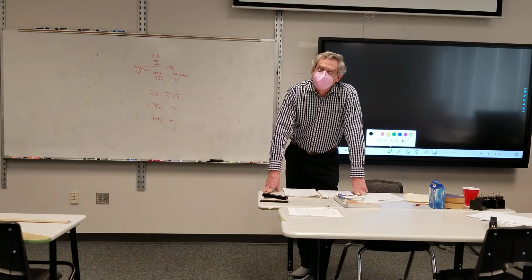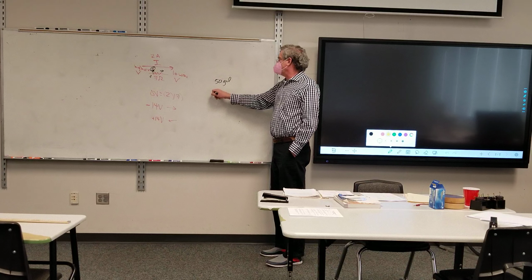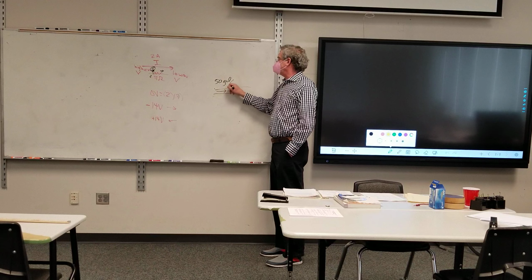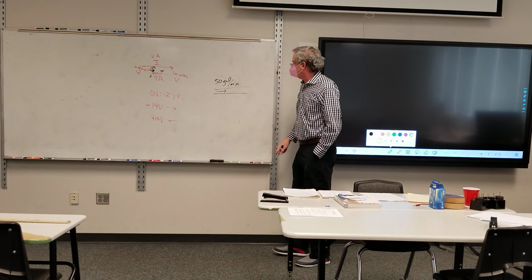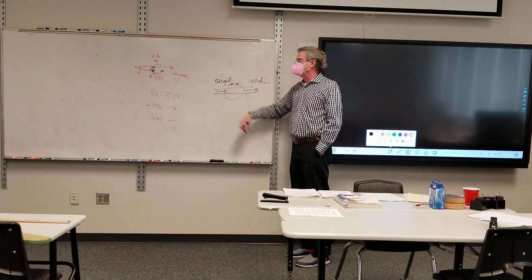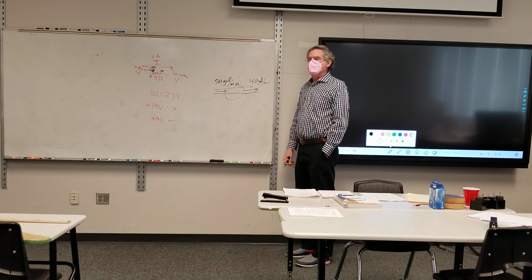Well, it's charge flow. Let's go back to the water analogy again. If I have 50 gallons of water per minute flowing through a particular section right here, we'll do an overhead view, and 40 gallons per minute flowing through this section, what conclusions would you draw about the middle?